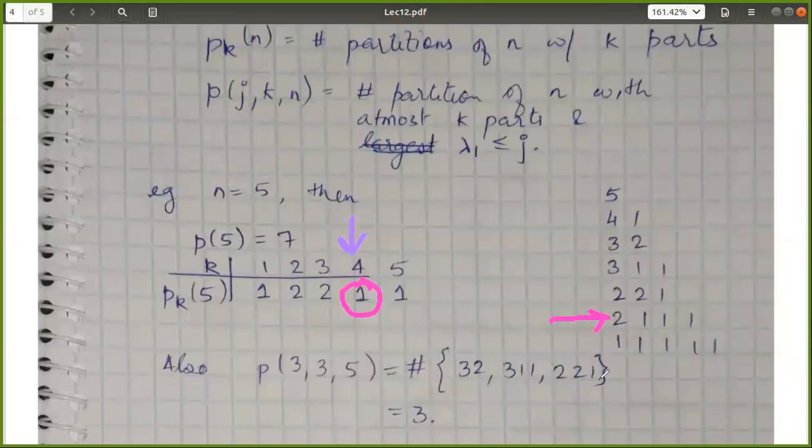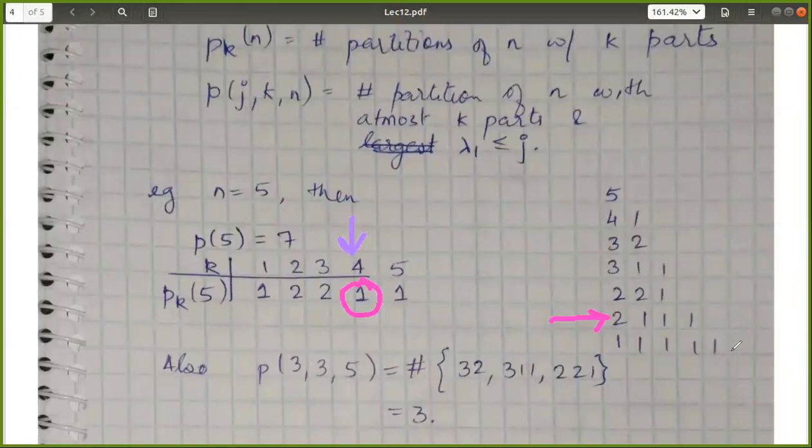Correct? If instead of 5, I ask you for n equals 10, how many partitions are there that correspond to 9 parts? See, you saw this particular line, right? So this was all ones and it had exactly n parts. Now you have to reduce by one part. And then you know that the numbers have to be written in non-increasing order. What can you do in such a scenario?